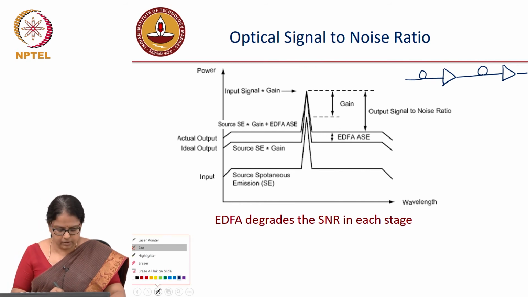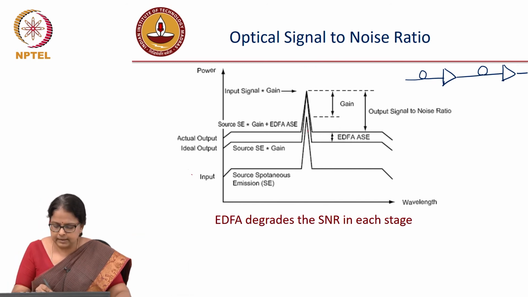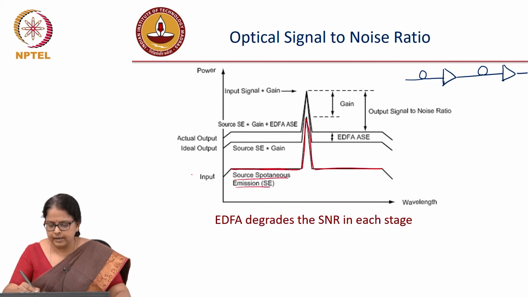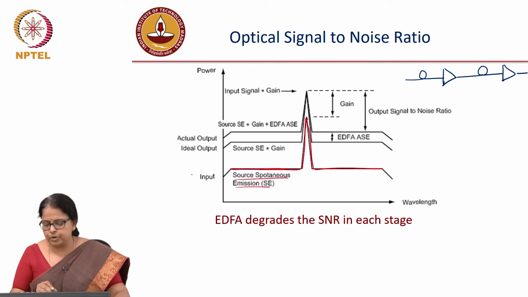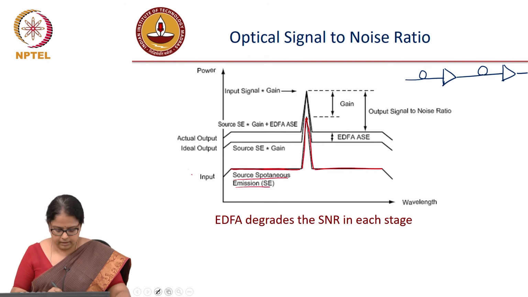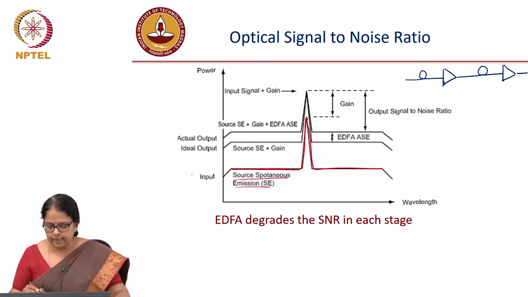I am going to mark on top of this spectrum. The first line that I am marking in red is the input to the EDFA. It has a certain spontaneous emission from the source, which is this floor, and then it has a certain signal power. The ideal output should have been the situation shown in the second line.